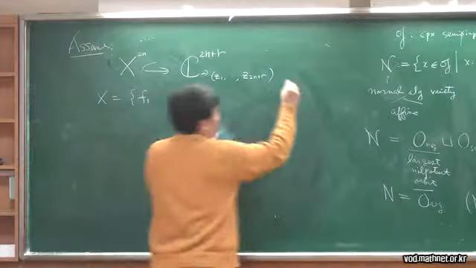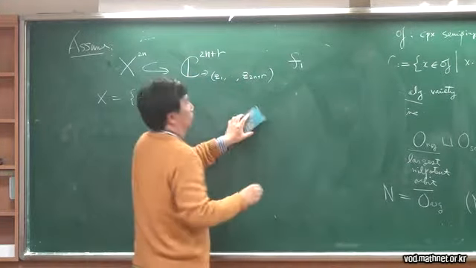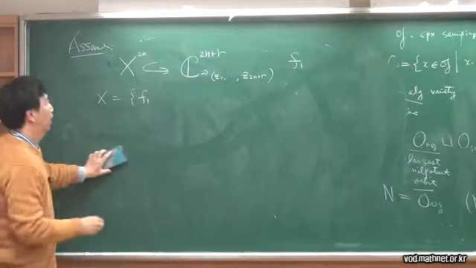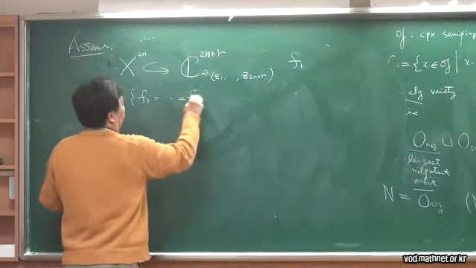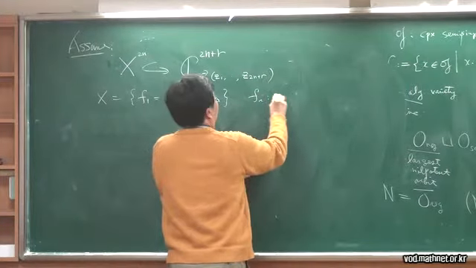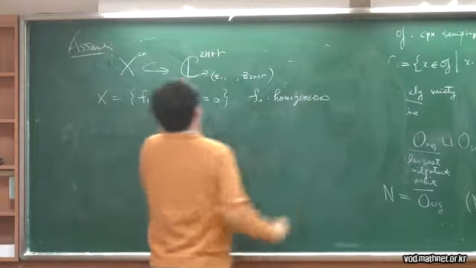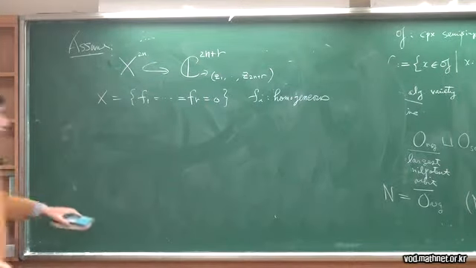X is defined as the common zeros of homogeneous polynomials f_i, f_1 to f_r equal to 0. So the f_i are all homogeneous, and it is a complete intersection singularity.